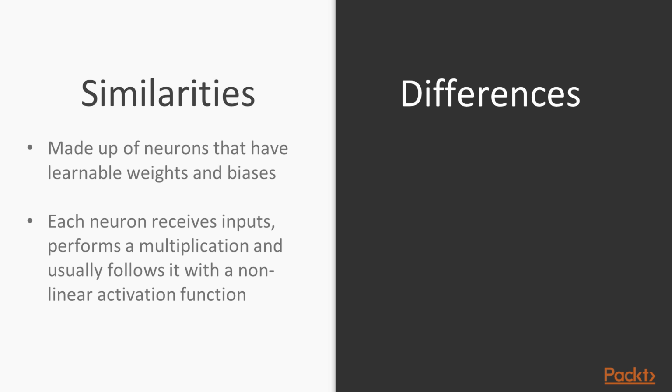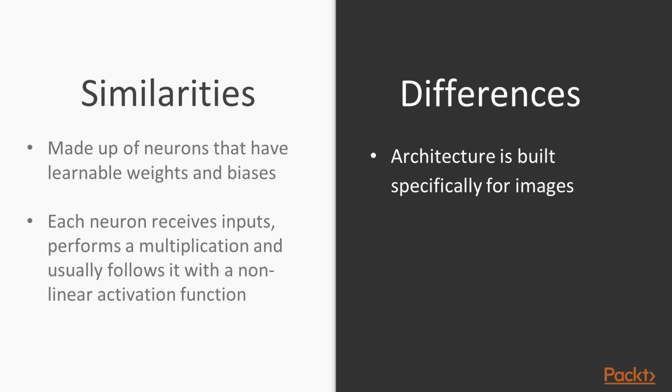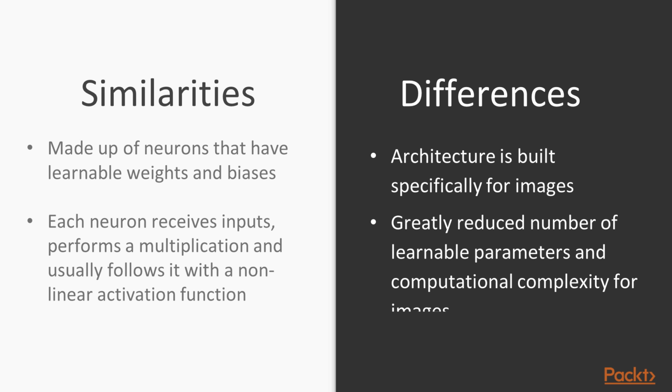However, convolutional neural network architectures are built specifically for images, which allows us to encode certain properties into the architecture. This makes the network more efficient to implement and vastly reduces the amount of learnable parameters and thus computational complexity.